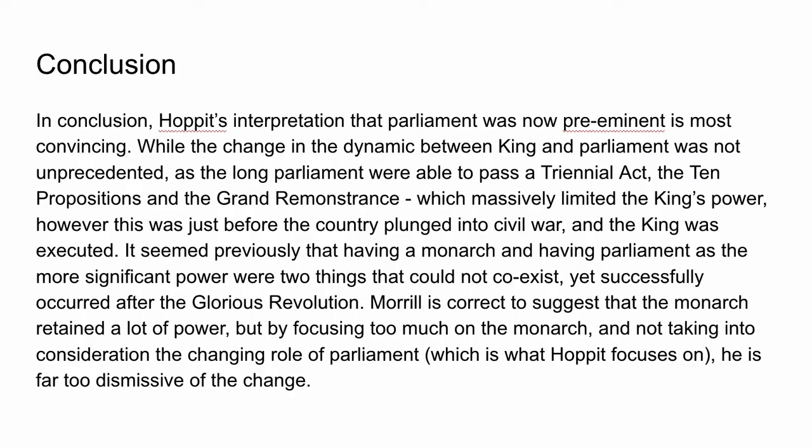And they're saying, although these things happened, that led to civil war, whereas after the Glorious Revolution, these things were more long-lasting. They do talk about how Morrell is correct to suggest that the monarch retained a lot of power, but by focusing too much on the monarch and not taking into consideration the changing role of Parliament, which is what Hoppett focused on, he is far too dismissive of the change. So reaching a clear judgment on which is most convincing.